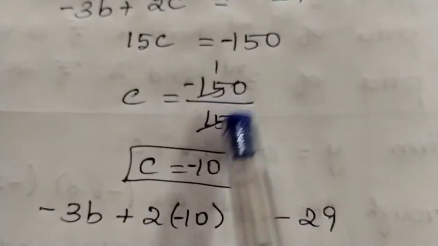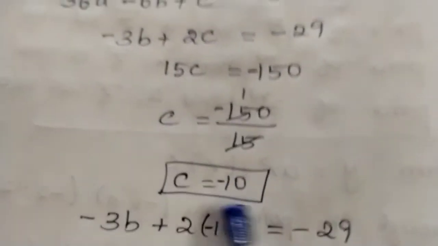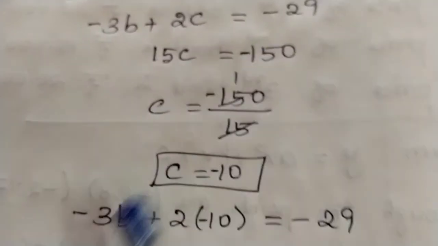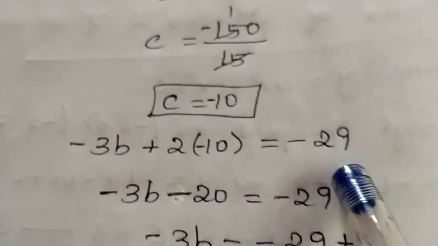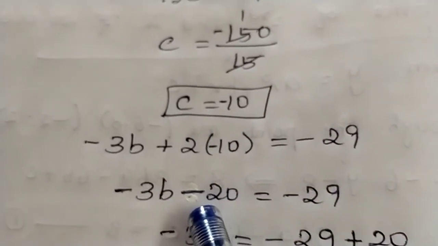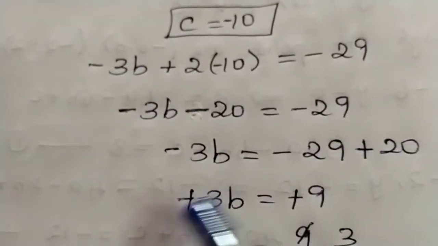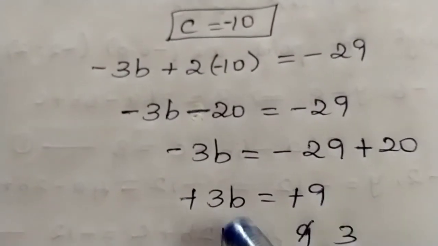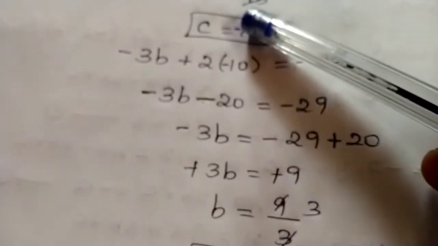So c equal to minus 150 divided by 15, cancel, we get c equal to minus 10. Substitute in this. Minus 3b plus 2 into minus 10 equal to minus 29. Here simplify, minus 20, go to that side, plus 20, we get minus 9, cancel, 9, b equal to 3. b equal to 3, c equal to minus 10.